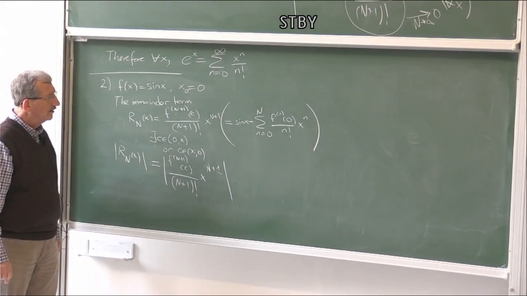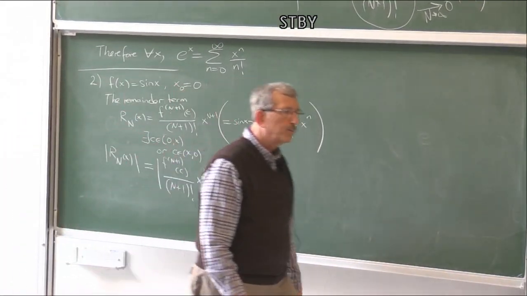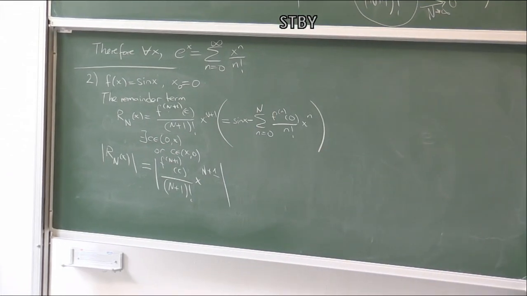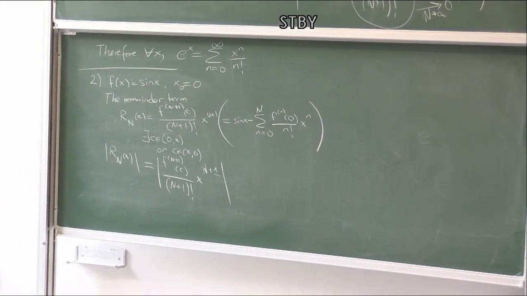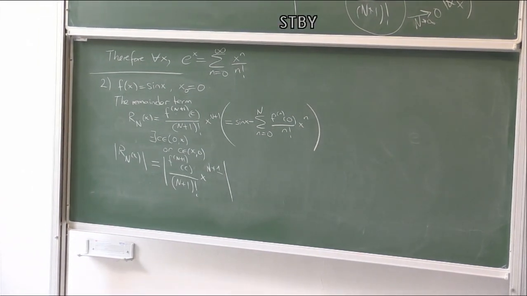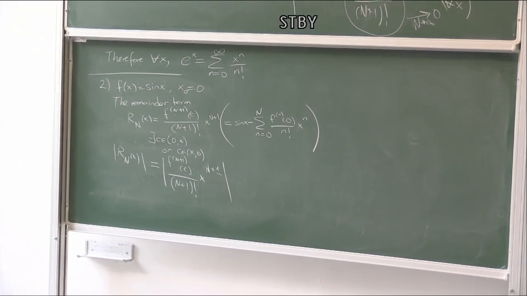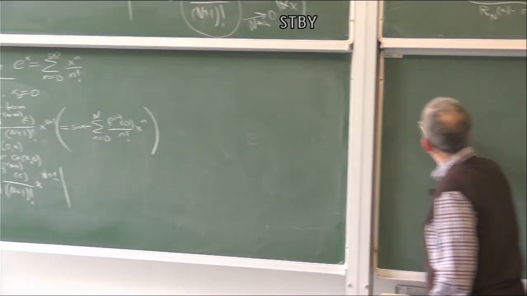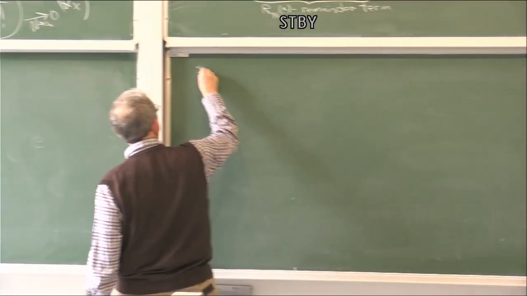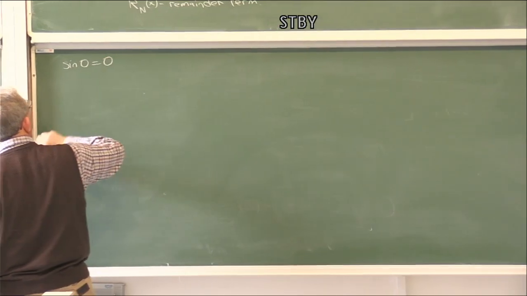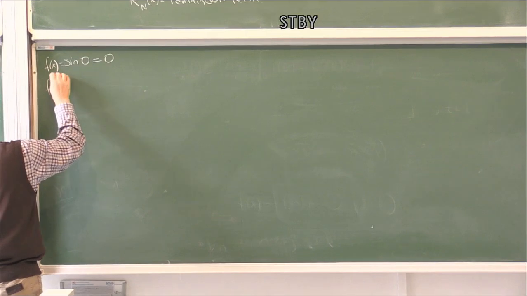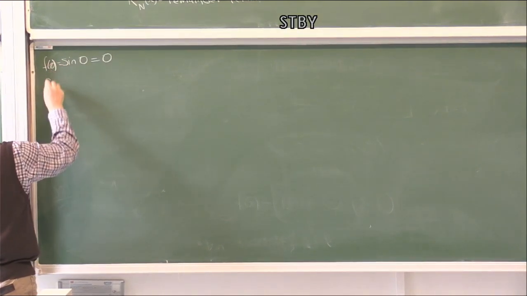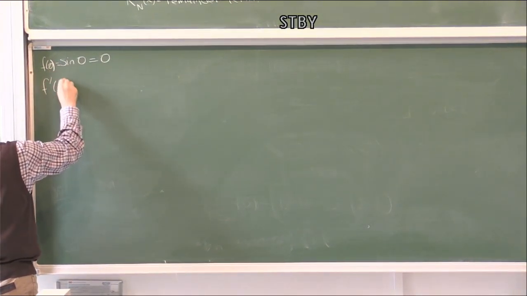Now, here, we observe that the n plus first derivative of sine x is not constant as in the exponential function, but it's still manageable. So consider sine 0, that of course is 0, that is f of 0. So calculate f prime 0.